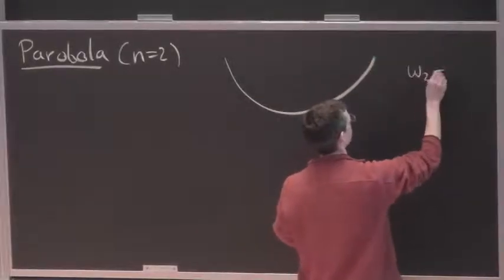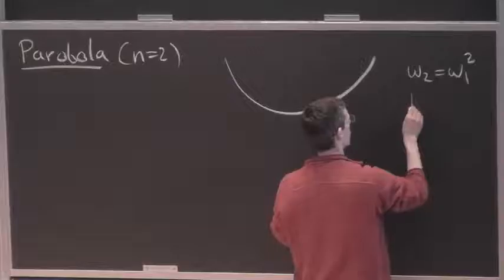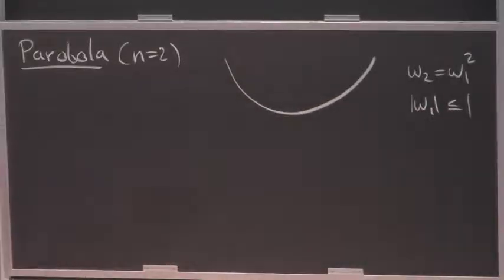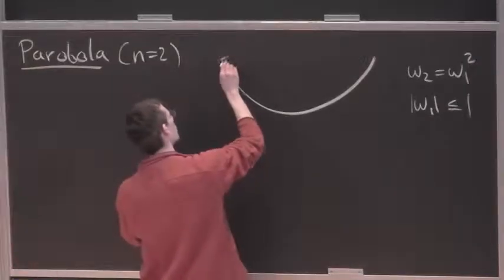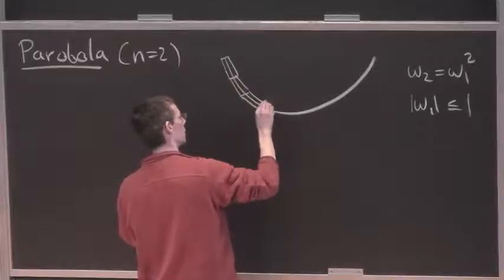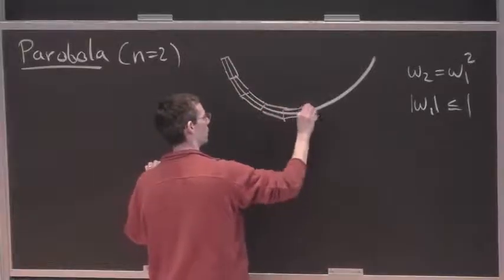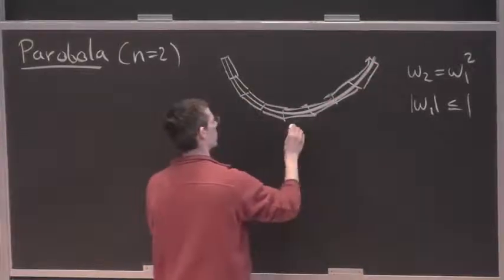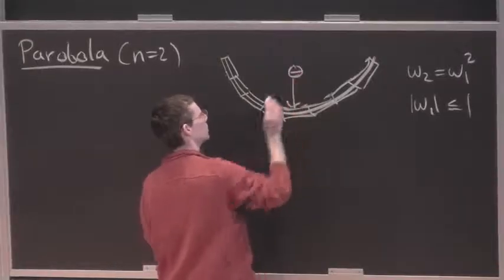The parabola is omega 2 equals omega 1 squared. And I'm going to look at the part of it in a unit ball. I'm going to take this parabola and cover it with rectangles. So the regions theta are going to be rectangles. So the cover looks sort of like this. So these are the regions theta.